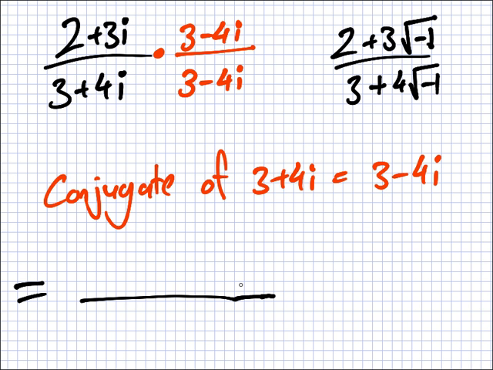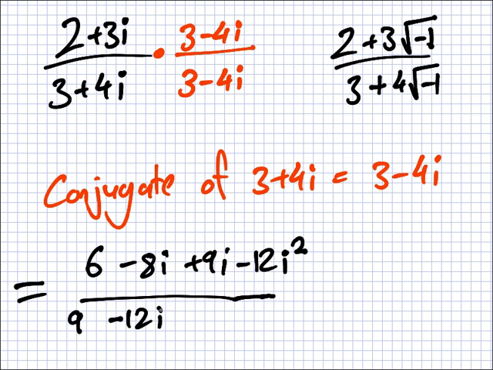Okay, we're doing okay with this? Okay. Let's have a look. So if I multiply out the top, 2 by 3 is 6 minus 8i plus 9i minus 12i squared. Is that right? Then on the bottom I have 9 minus 12i plus 12i minus 16i squared.